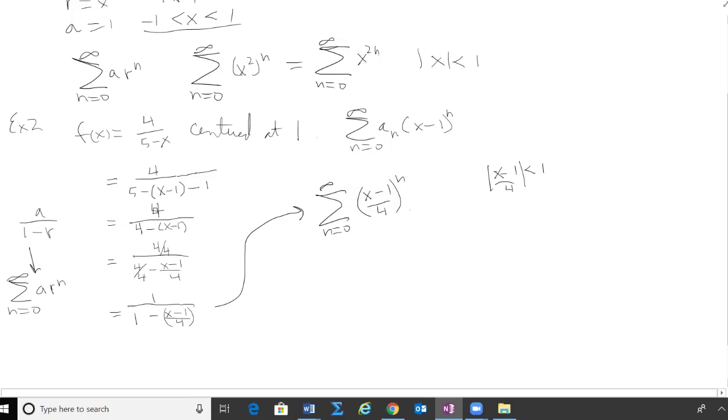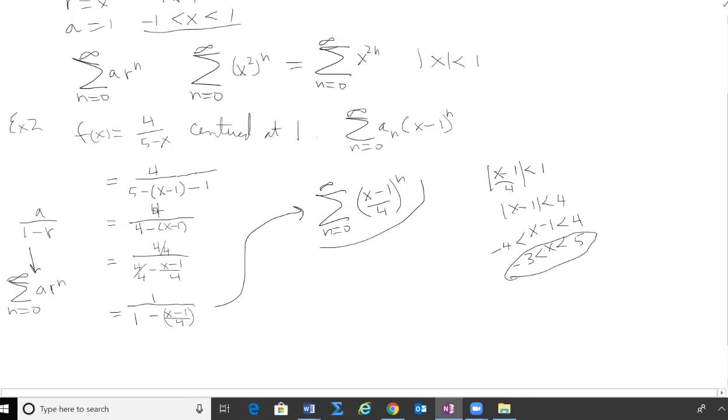And this implies this. You can see the radius is 4 now, and you can get the interval just by opening this up. Let me show you that detail. So you have this, which means x less than 5 and greater than negative 3, like so. And that's our interval of convergence for this one.